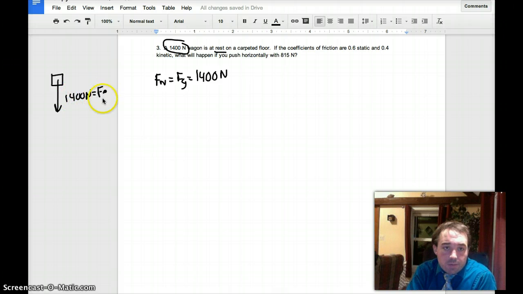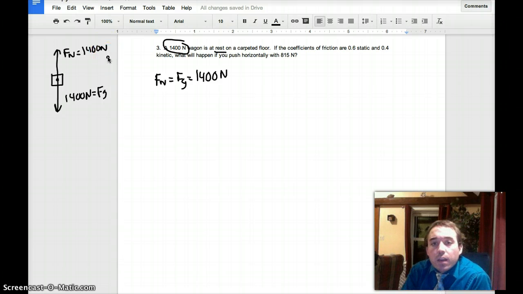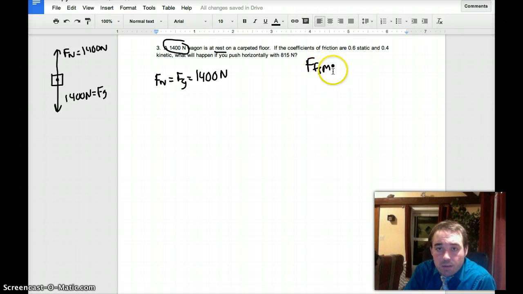1400 equals Fg. Fn is also 1400. Alright, coefficients of friction are 0.6 static. So I'm going to get my FFS max, and I'm going to get my FFK. FFS max, 0.6 times 1400.